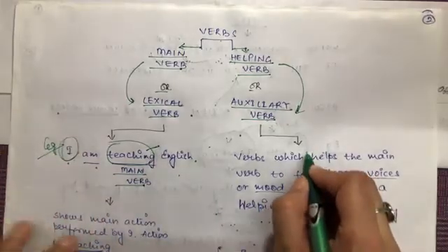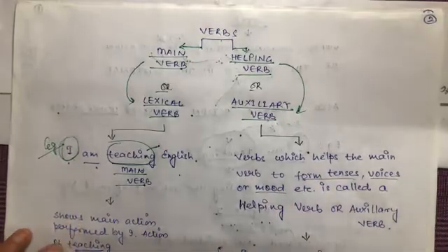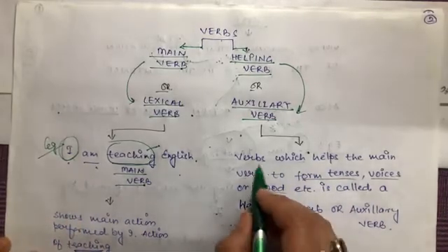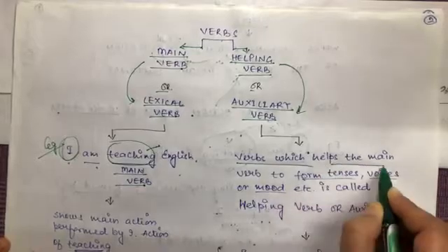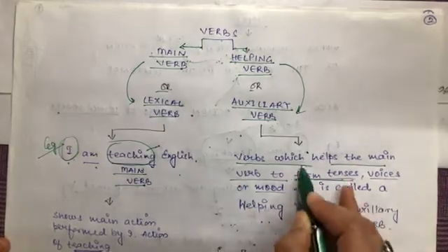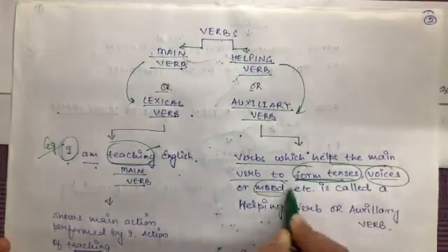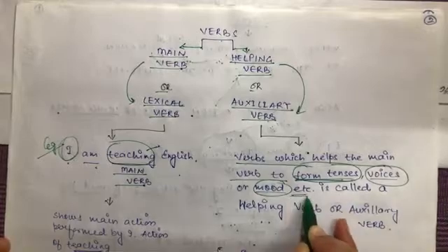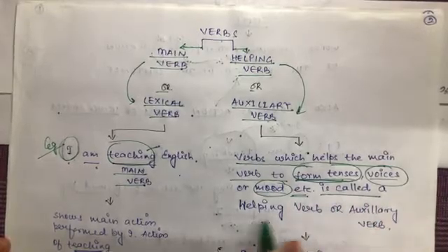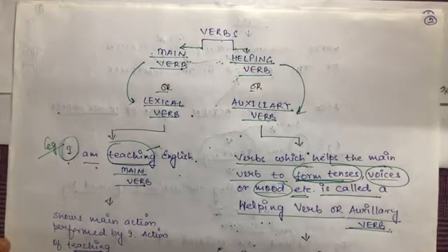In the second example, when we talk about the helping verb, helping verbs are verbs which help the main verb to form tenses, voices or mood. They are called helping or auxiliary verbs.